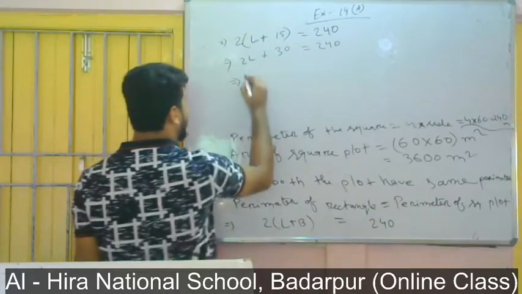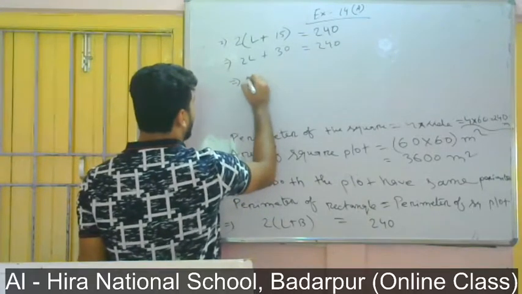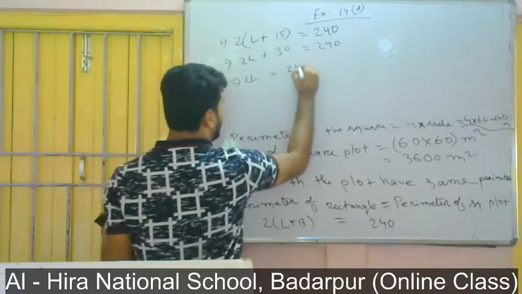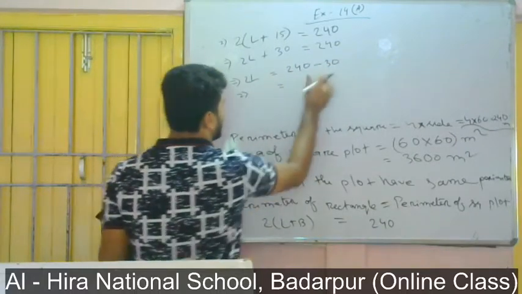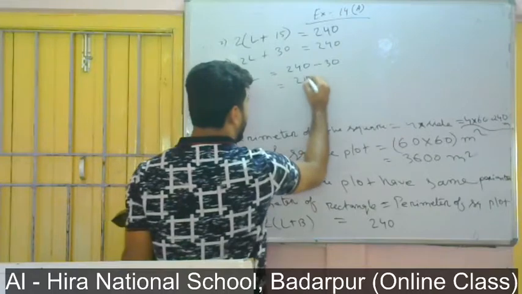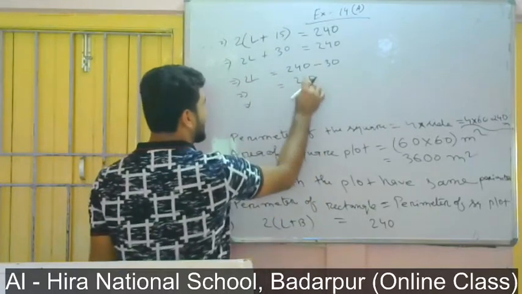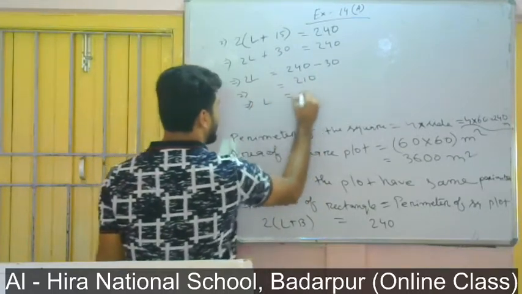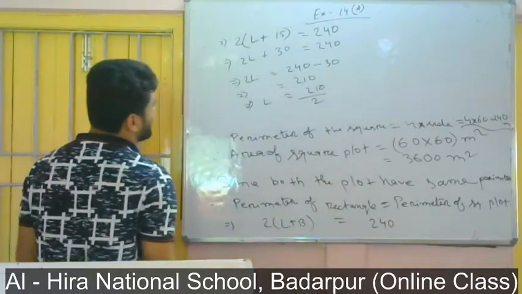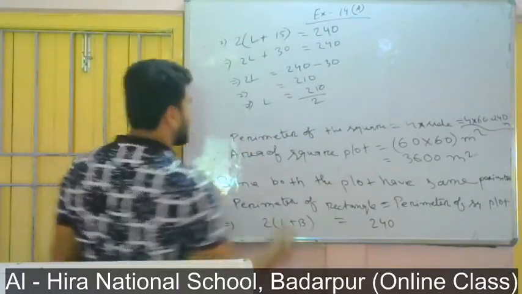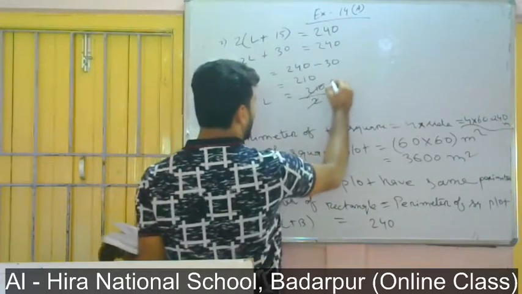So 2L equals 240 minus 30, that is 210. Then L will be 210 by 2.